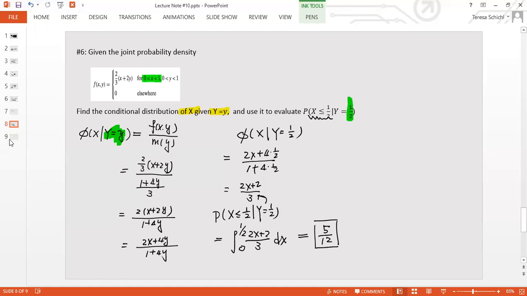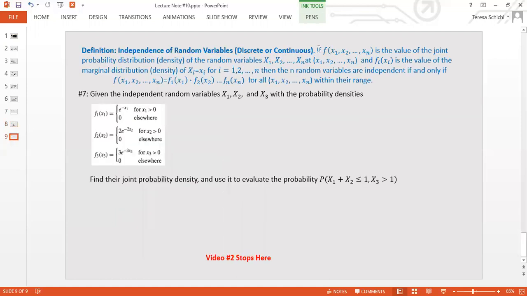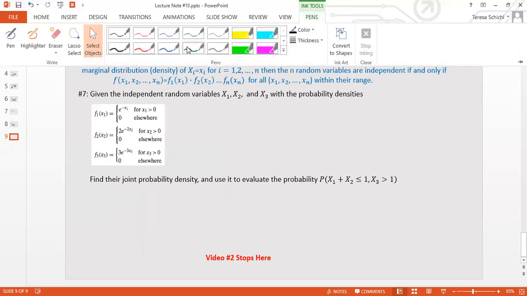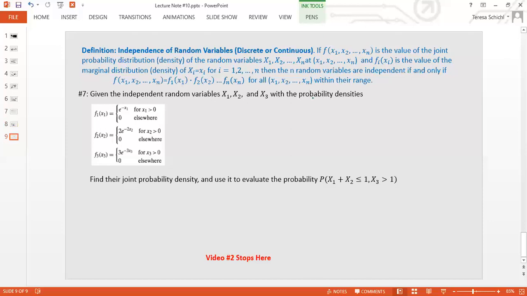Okay, so the next thing here is independence, right? So how do I define independent random variables here? Let me do a brief review for you. I don't know if you remember this from probability.